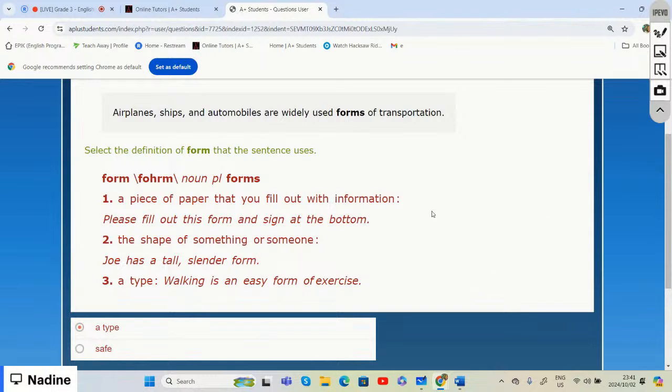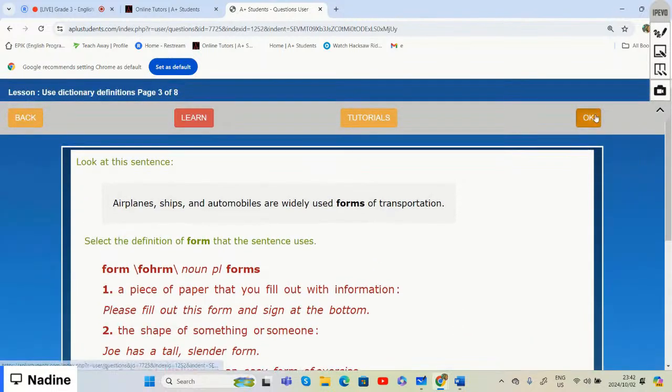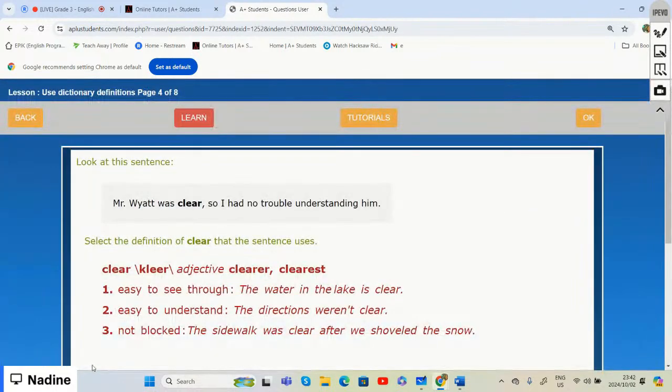Yes, well done. Option one, a type, is correct. It's like the different types of transportation. All right, let's look at the next one.